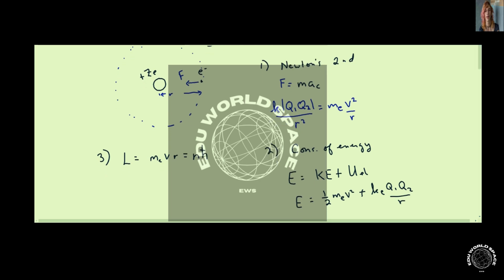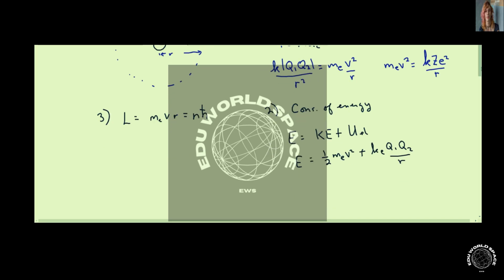Usually what's a good thing to do is to take equation 1 and solve it for the mass times the velocity squared. And we'll go ahead and put in our charges. And one of the factors of r cancels. And what we can then do is put this into the energy. And we see something kind of cool happen when we do that. Let's take a look at the energy now.